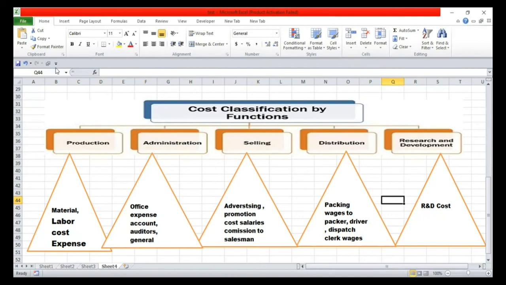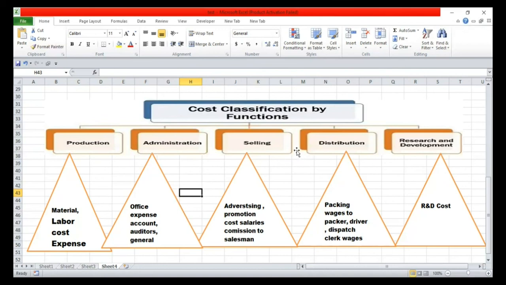Unless we know about these costs, we will not be able to decide the price of our product. So it is necessary that we accumulate all these costs so that we can determine or select a price for our product, and these costs will be charged to our products and services accordingly.